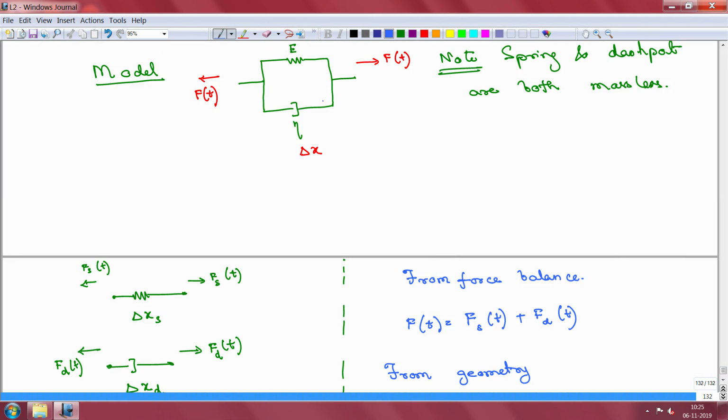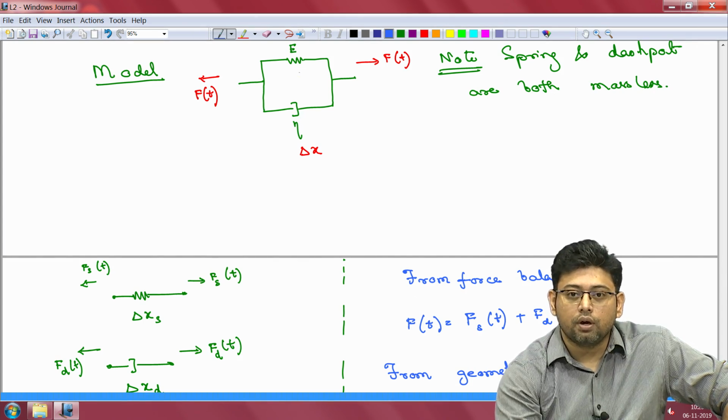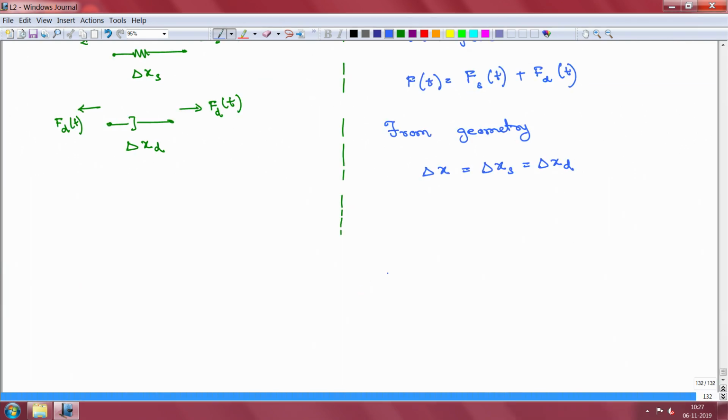What it implies is that the deformations or the extensions in both the spring and the dashpot have to be the same. That is the meaning of this particular representation. So, the geometrical constraint tells us that the system deformation is the same as the deformations seen by the spring and the dashpot.